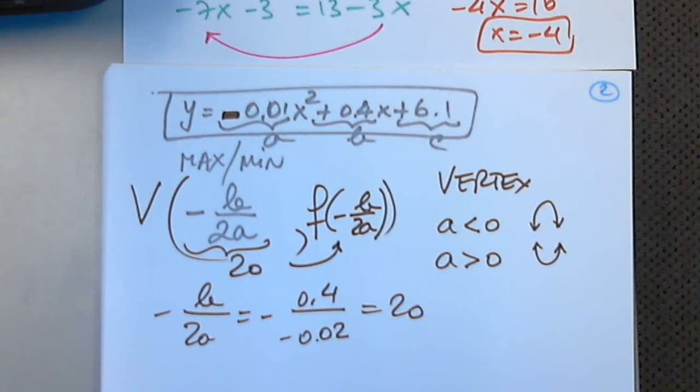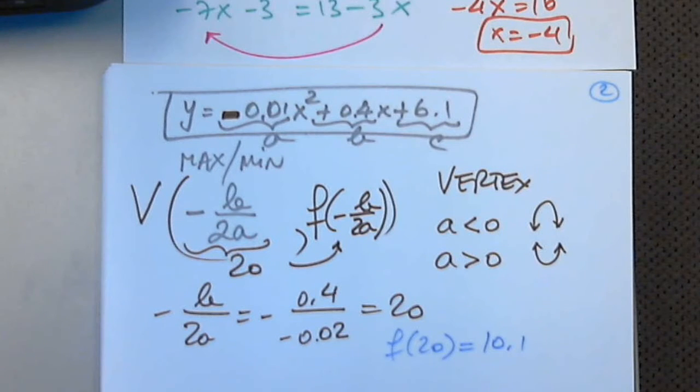If I'm asked to find what the maximum is, then the maximum is 10.1. It depends. We can look at it again at the end. So this is the formula for the vertex, and y of 20 is 10.1.